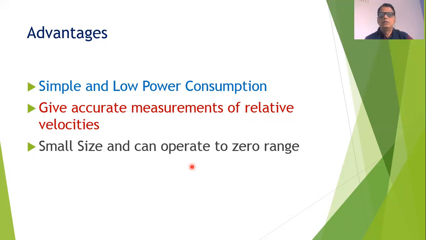As I said, if you allow this system to get installed nearby a road, then easily you can measure the speed of the cars that are moving along the road. So you will find that practically this system is used in many countries in order to measure the speed of moving objects. So this is one of the popular radar systems that is being used.